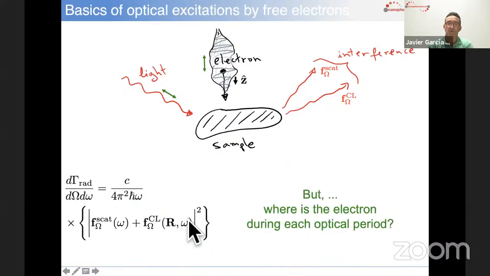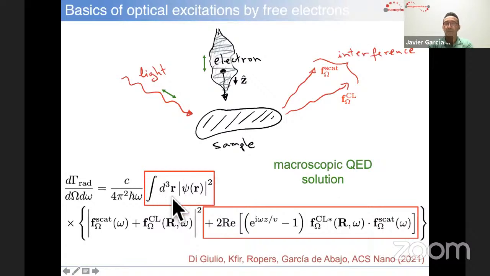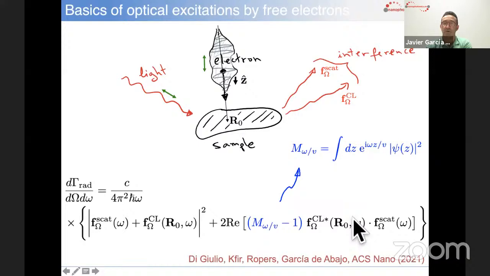So basically the solution is that you have to integrate over the electron wave function, and at the same time also add some extra terms that come from a purely quantum mechanical origin. Now you can actually condense some of these integrals when you do a little bit of math, this integral together with this phase, etc. You can wrap it up in terms of this parameter, which is nothing but the Fourier transform of the electron wave function.